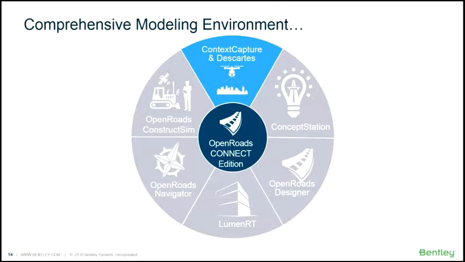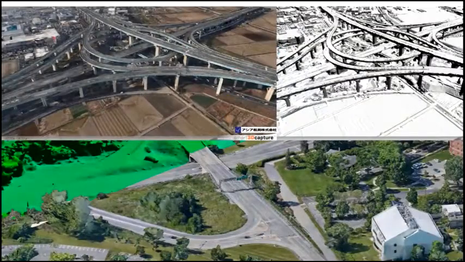So at first I want to take a look at ContextCapture and our Descartes, and these are products that we call our reality modeling products. So with ContextCapture, it gives you the ability to take photos, to take LiDAR imagery, and produce amazing 3D models. So the more accurate the photos are, the more accurate the models are, even getting down to survey.